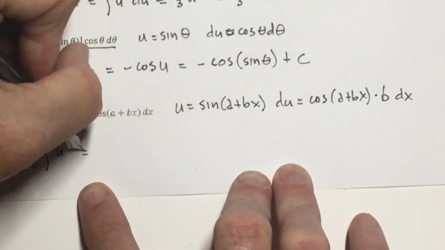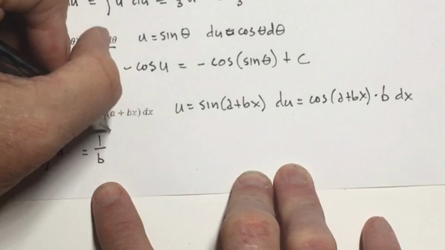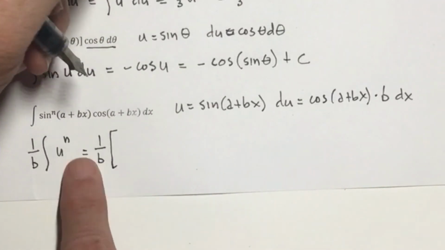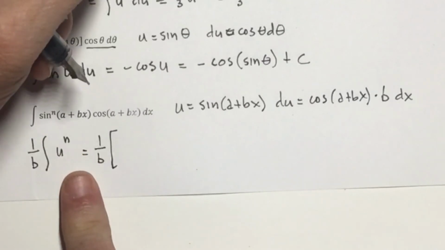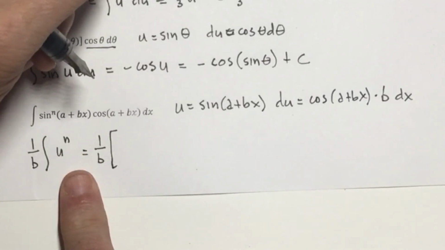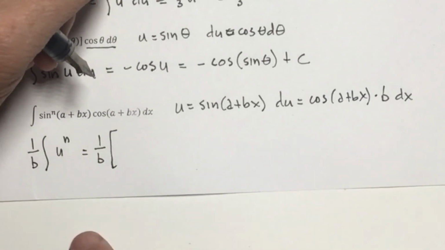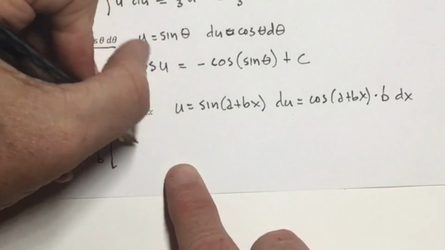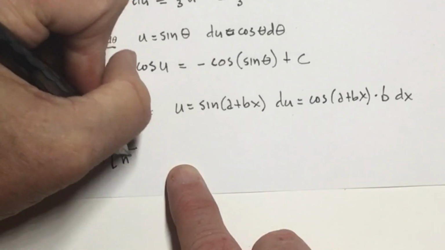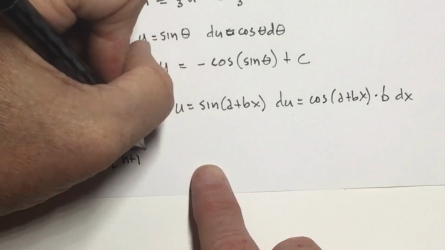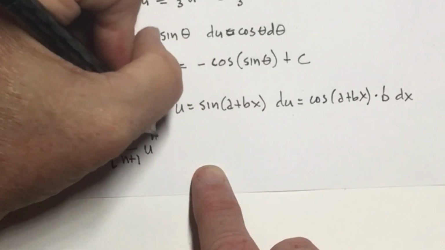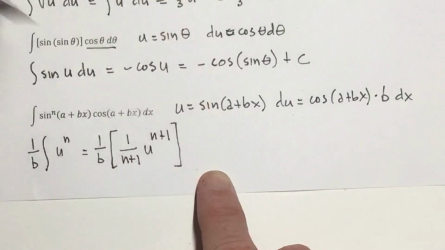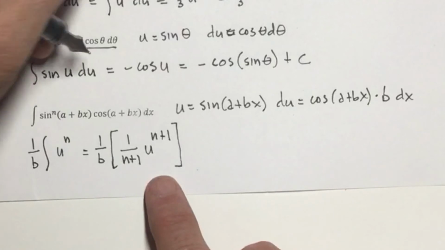So let's integrate that. Well, that's going to be 1 over b, of course. The integral of that right there, well, I need to add 1 to the exponent, right? So n will be n plus 1. So my integral will be 1 over n plus 1 u to the n plus 1. You've done problems like that before.